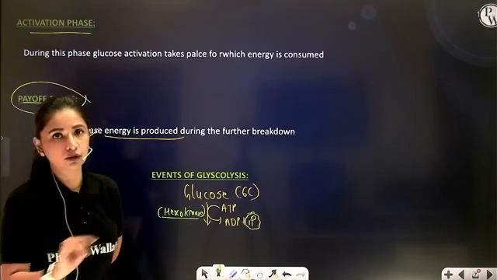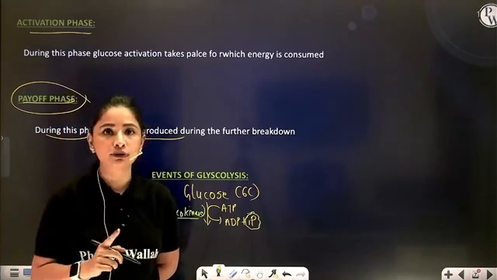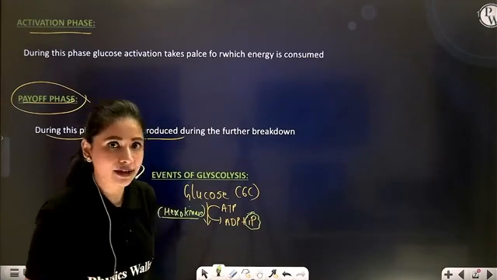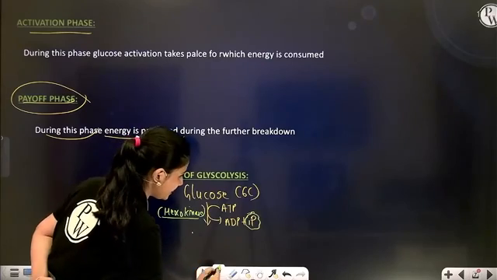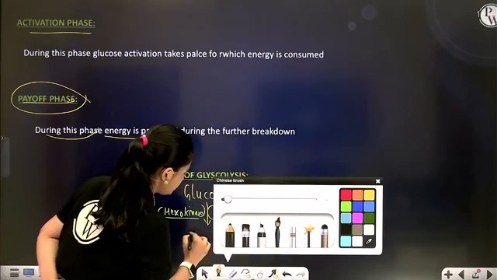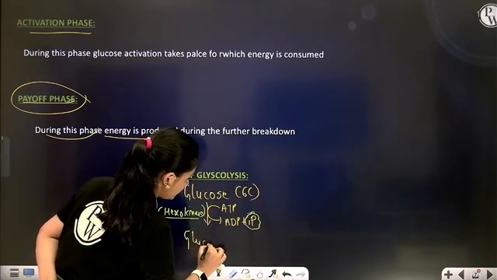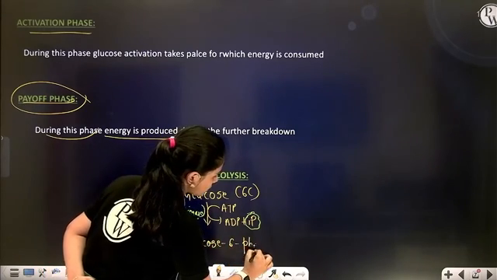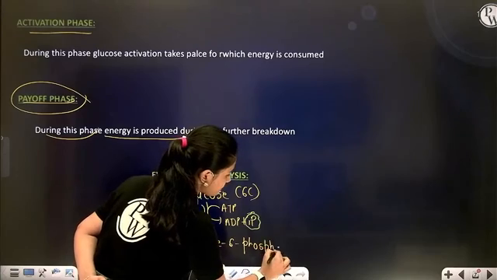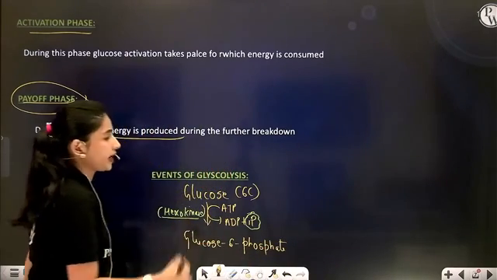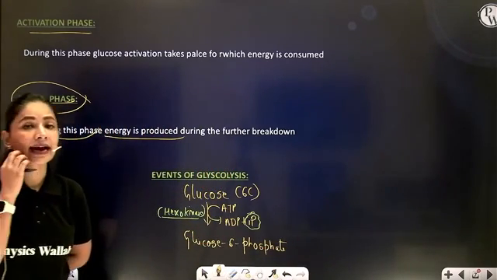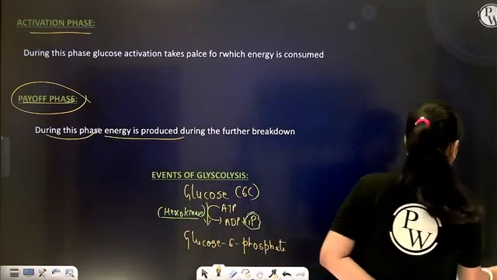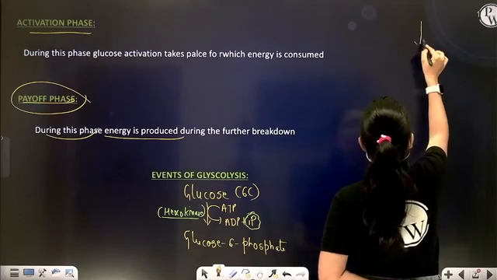You know glucose is a 6-carbon compound, so to the 6th carbon this phosphate group will be attached. The intermediate will then be glucose 6-phosphate. So the first step is phosphorylation, where energy is consumed in activating glucose, and you produce glucose 6-phosphate.